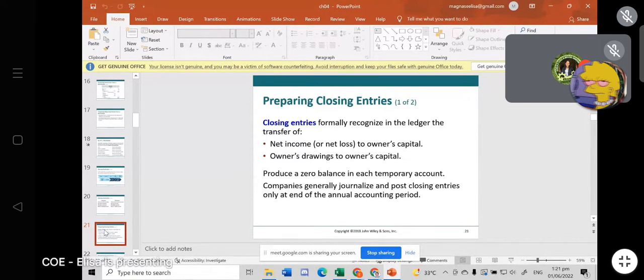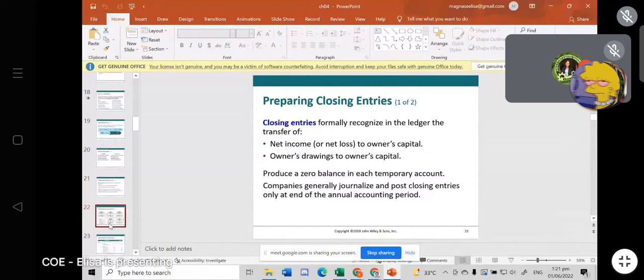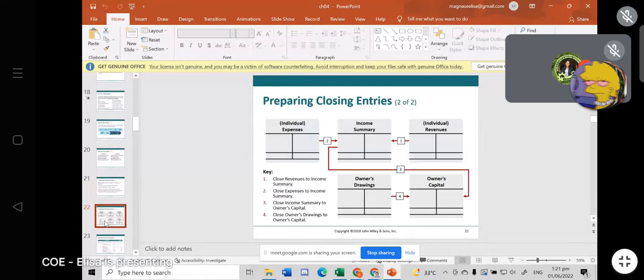Why zero? Because all our revenue and income are transferred to our profit and loss through the process of closing entries.